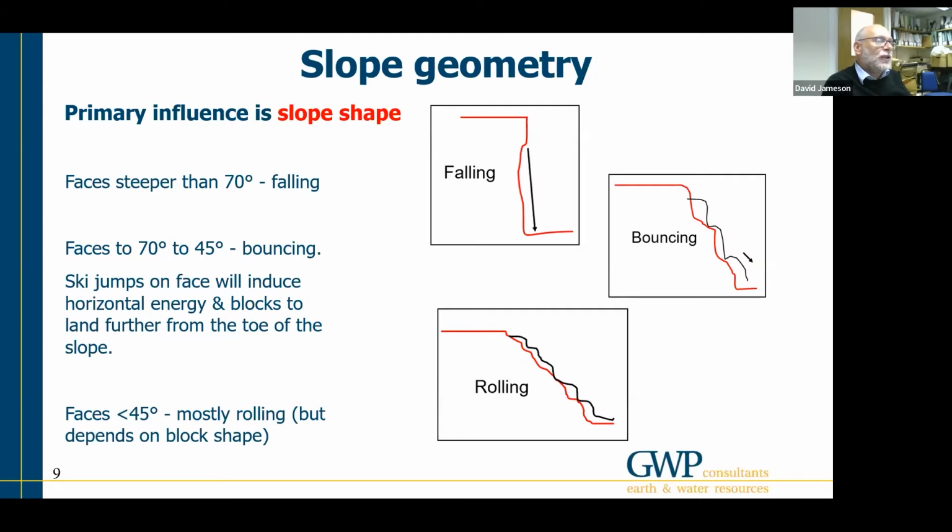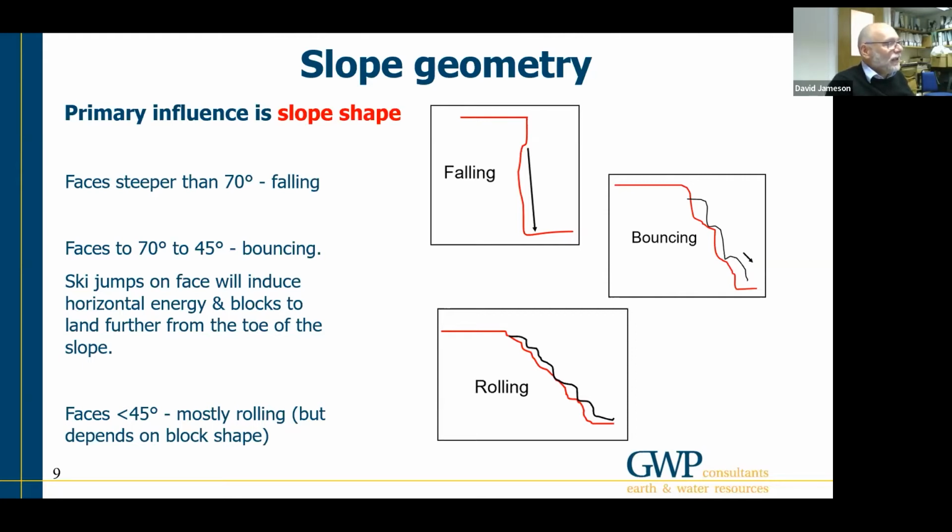That little sketch on the right hand side there shows bouncing. That might be an individual bench face with projections or promontories on it, or it might be several benches which are choked with debris, so that could be a multiple bench situation.